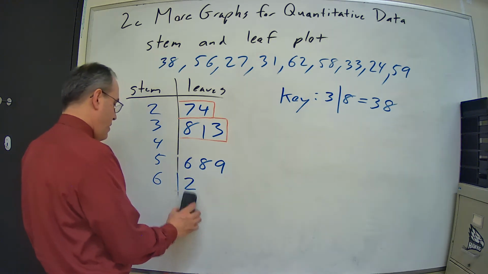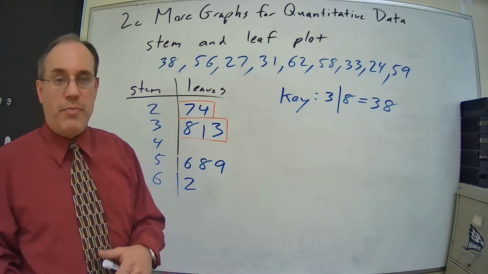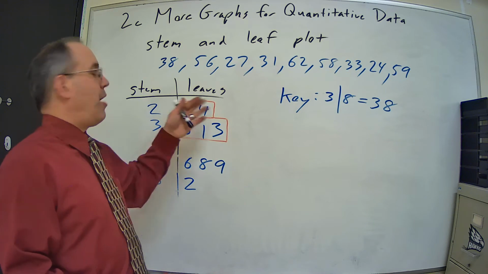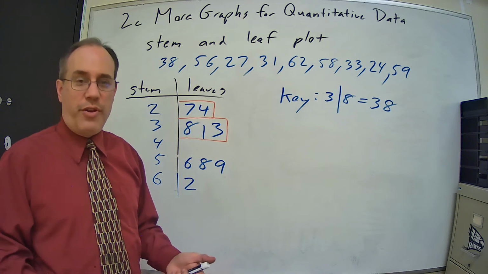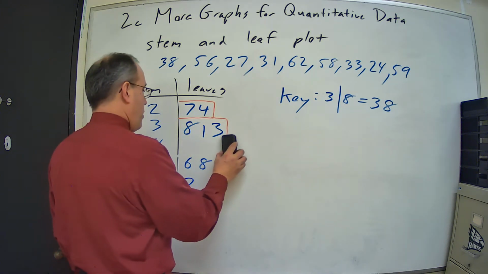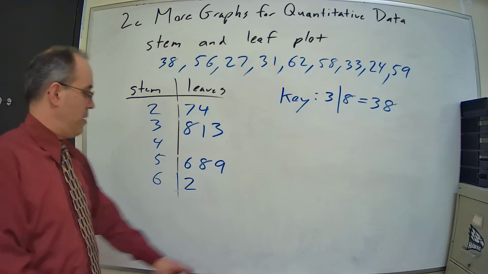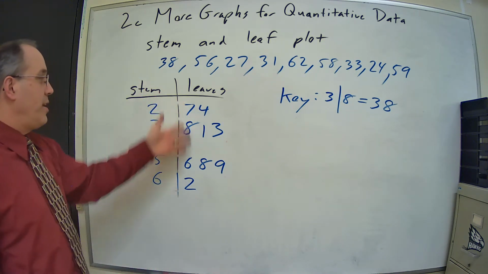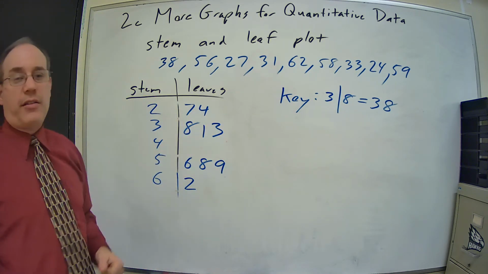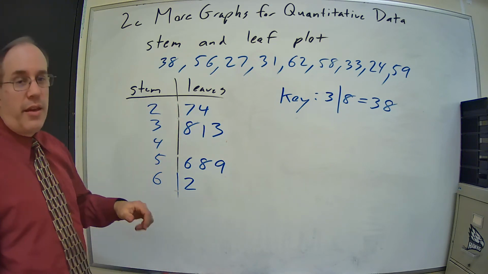Well, we had to find the class boundaries, or we had to find the midpoints, and then we had to count up how many numbers there were in each one, so the frequencies, and then we had to plot this whole thing. Whereas right here, we're able to do this just by writing in the numbers, and it automatically creates this frequency histogram. So it's a pretty neat thing here.